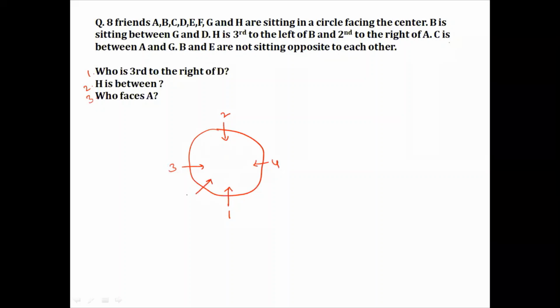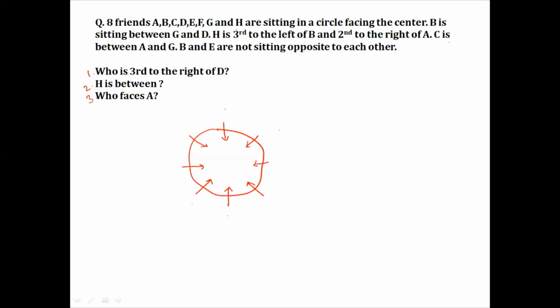This is position 5 and this is position 6 and this is position 7 and this is position 8. If you clearly observe this diagram, second should be opposite to the first one, fourth should be opposite to the third, 6 should be opposite to 5, 8 should be opposite to 7. So this is how you need to solve. Okay, now let's start solving the question.